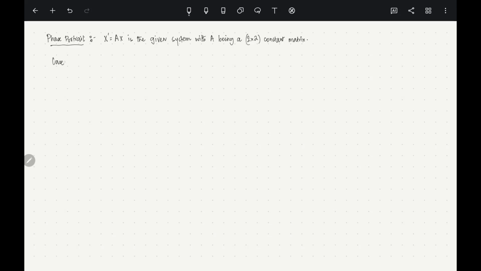Case one. So we are looking for real distinct eigenvalues. Okay, so you have a 2x2 system, and let's say both the eigenvalues are real and distinct. Clear?